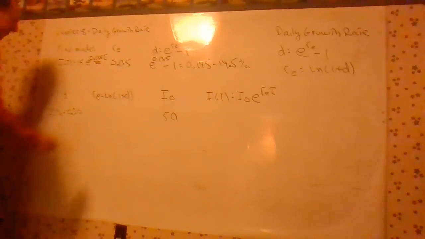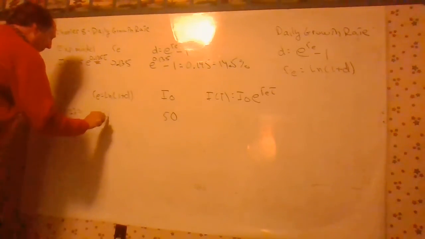Well, r sub e is just simply going to be the natural log of 1 plus this, natural log of 1 plus 0.20, and we can do that. And we get 0.182.